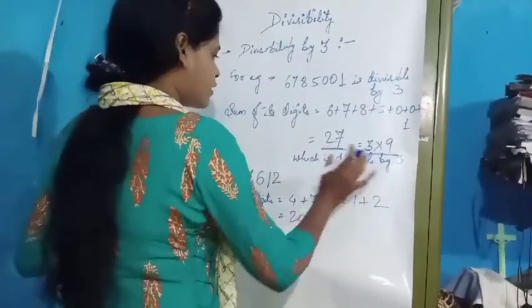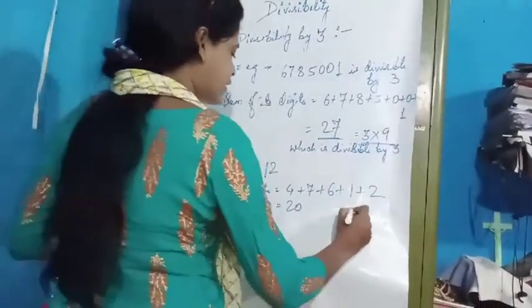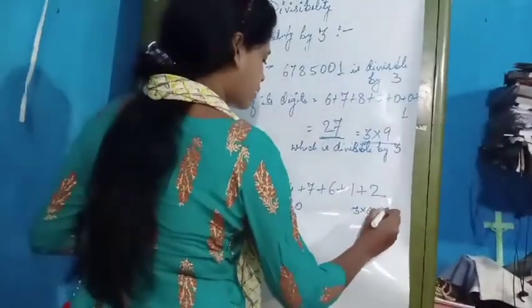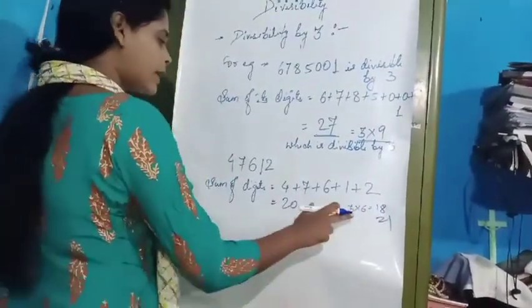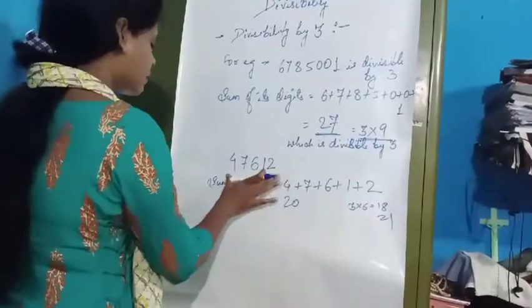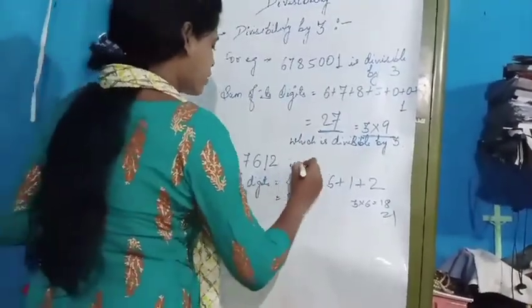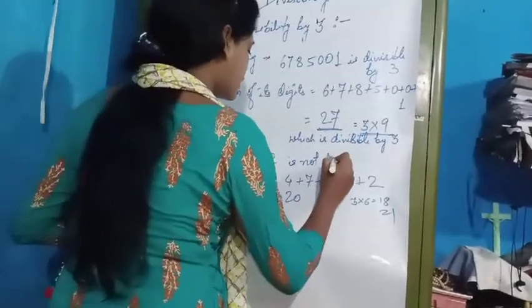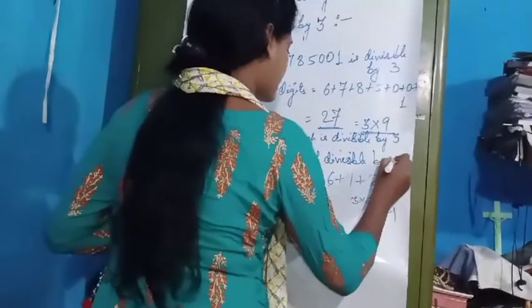Now you tell me, does 20 come in the table of 3? 3 times 6 is 18, then 21. So 20 does not come. So this number is not divisible by 3.